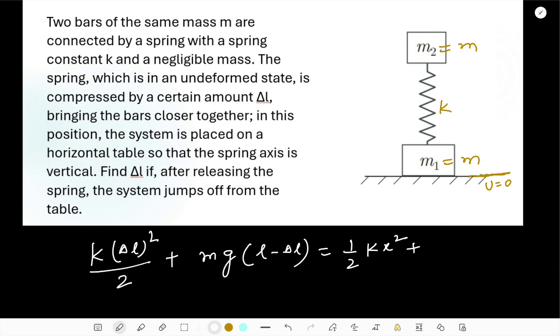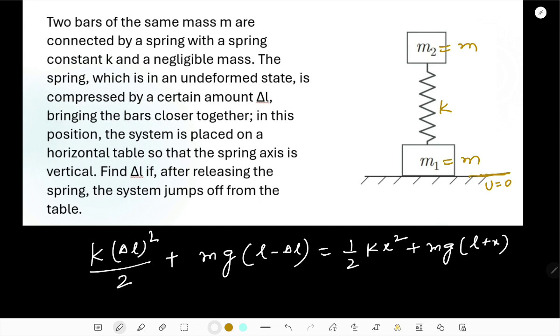The natural length of the spring, I supposed, is equal to L, and it has extended a length x. So the gravitational potential energy for the upper block, the lower block being here only, will be equal to mg(L plus x). That's right.